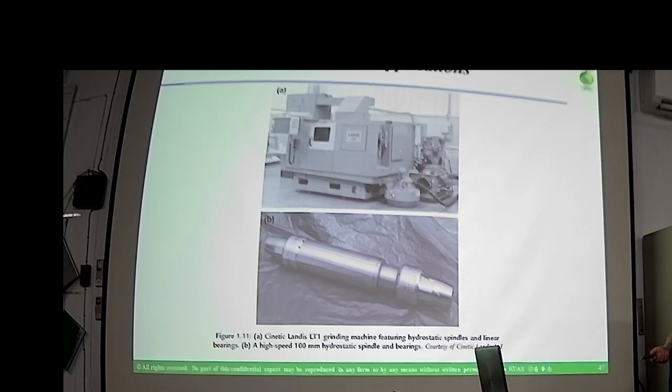Another one is the machine tool, the grinding machine from the United States called Landis. This is Landis company in the United States. So the grinding machine tool is made with hydrostatic bearings. So this is the shaft.